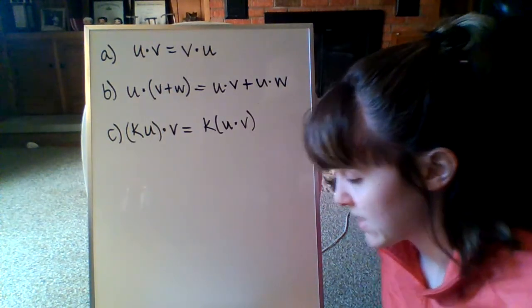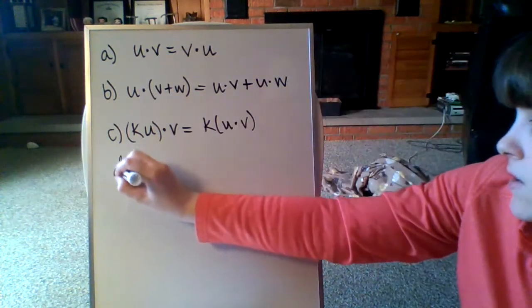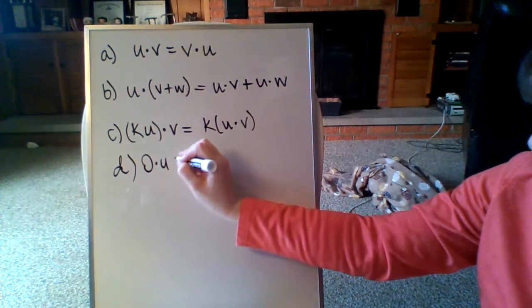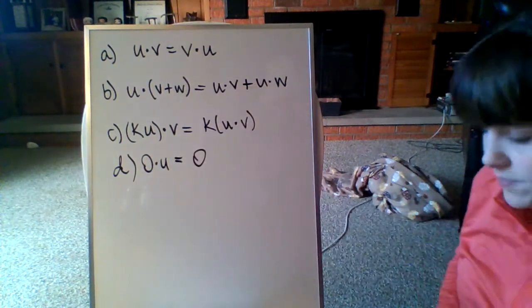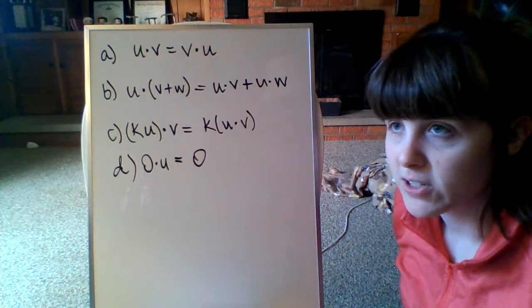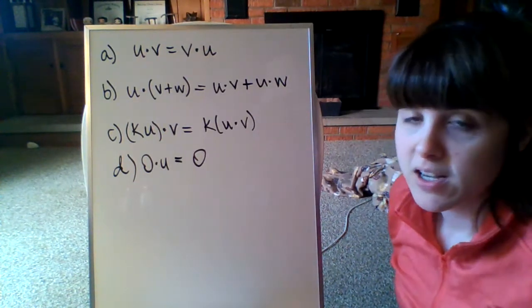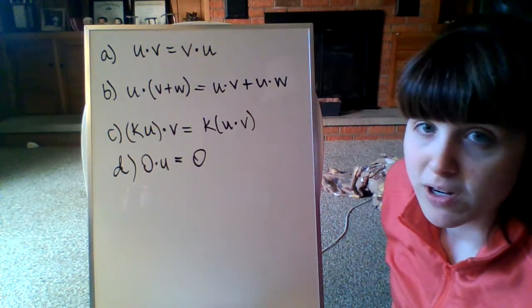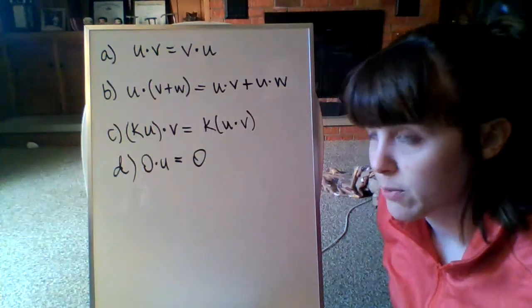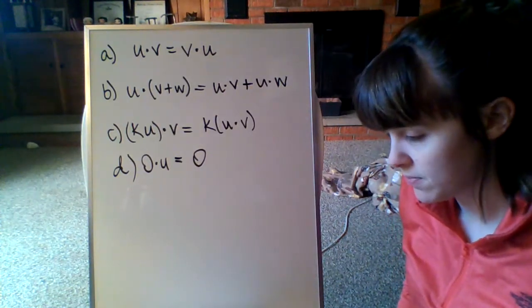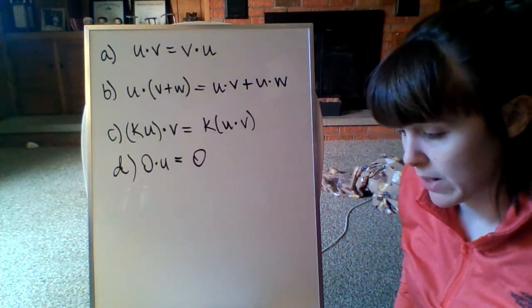And lastly, the zero vector dot product with u is going to be 0. The zero vector is (0, 0), and if you multiply that by the first and second components, they would both be 0, and when you add them, it equals 0. So those are some properties.